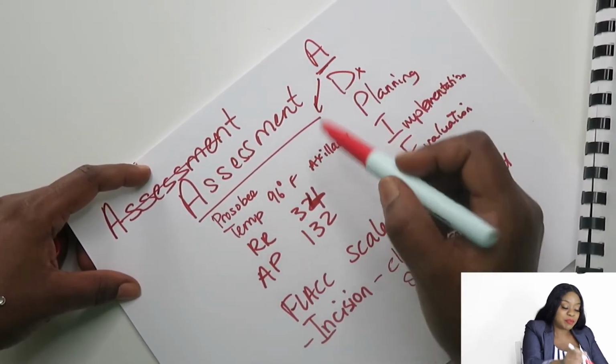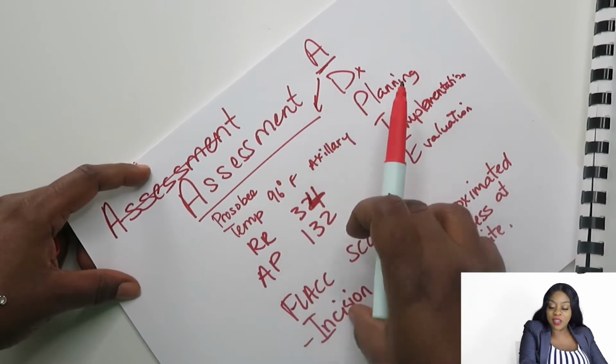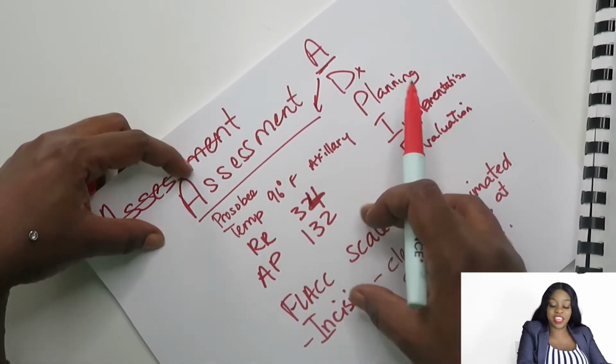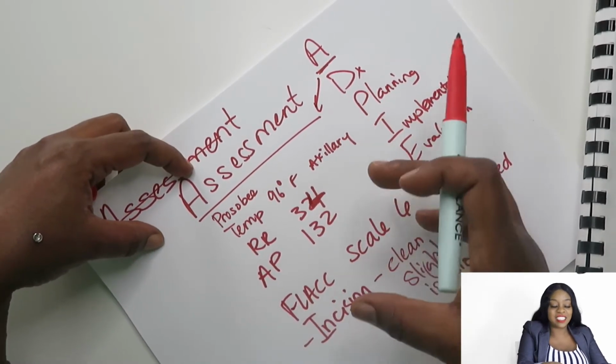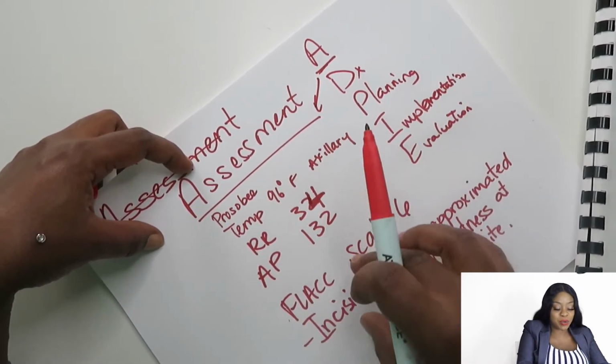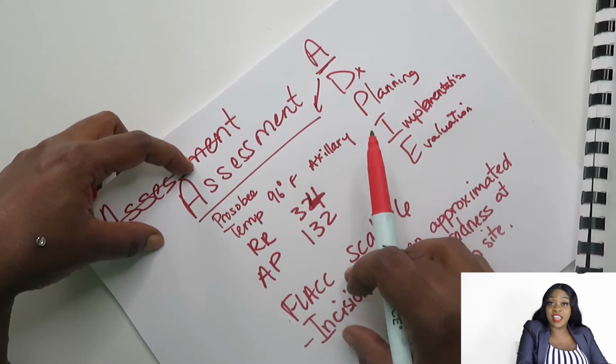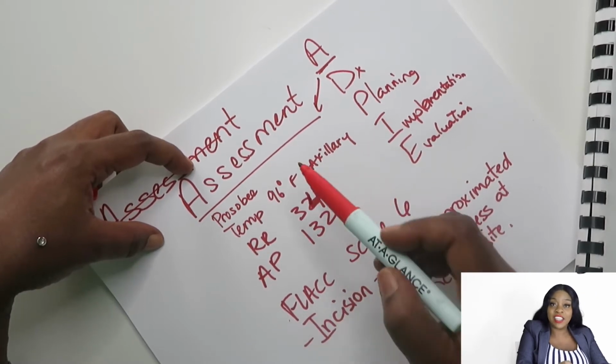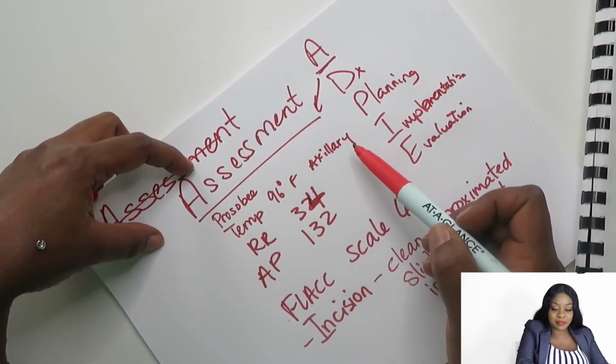So we're in the step of assessment, and we're evaluating and clustering, validating the data, collecting information, because from this information that we're collecting, we are then going to develop a nursing diagnosis.